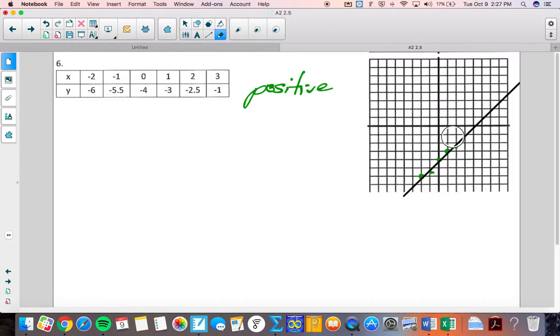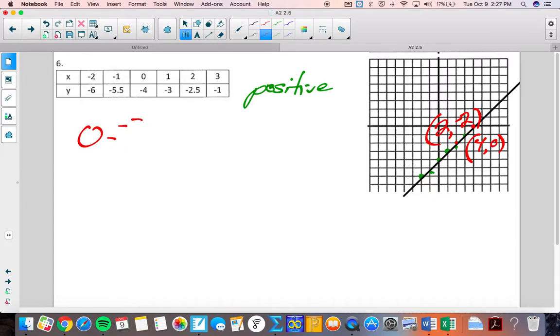Oops, I want to make it a different color. So I'm going to use this point right here at 2, -2, and then yeah, I'm going to just use that. That's at 4, 0.